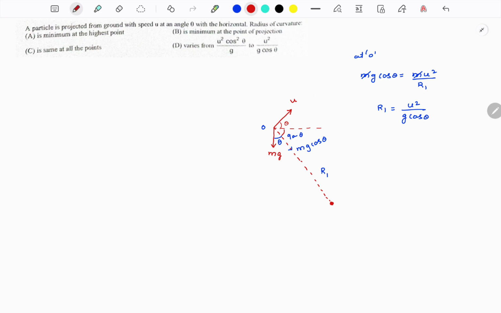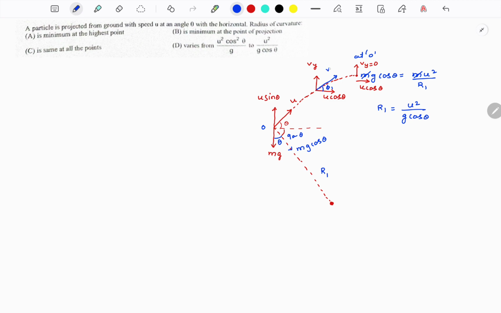Now at any other point, if we move again like this, the horizontal velocity remains the same, which is u cos theta, but the vertical velocity keeps on decreasing. Initially it was u sin theta, but now it keeps on decreasing, and at the highest point it becomes 0, but the horizontal velocity remains the same. So the resultant velocity is making an angle phi 1 here, suppose.